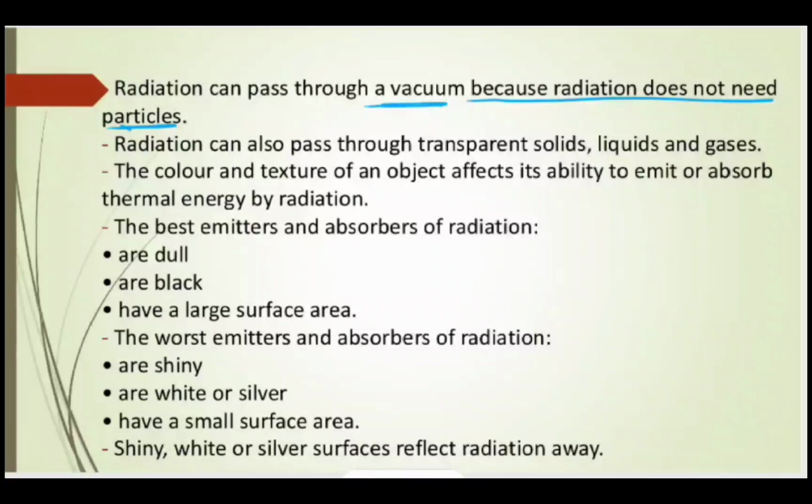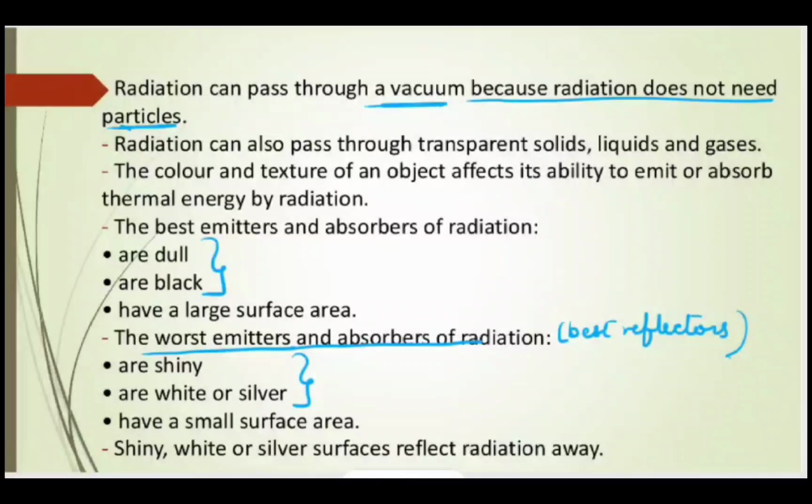The best emitters and absorbers of radiation are dull and black substances. Shiny and white surfaces reflect. They are the worst absorbers and emitters, and they are the best reflectors. So dull and black things absorb and emit also.